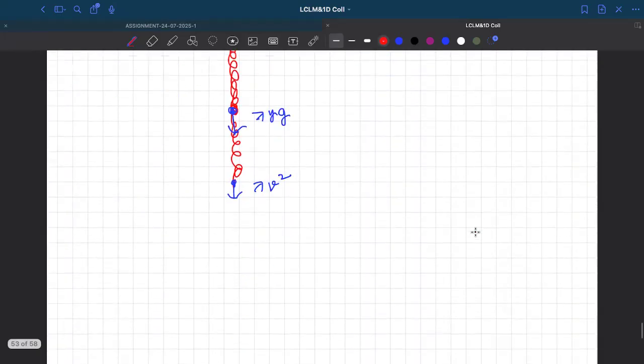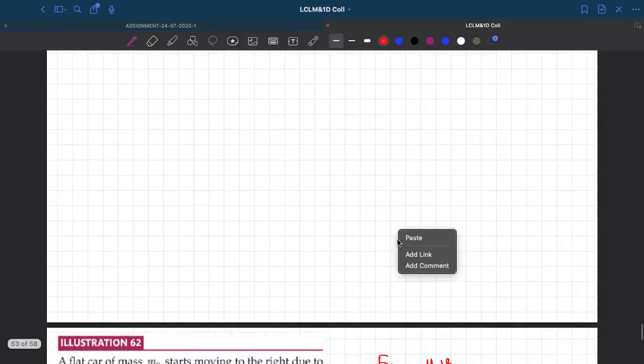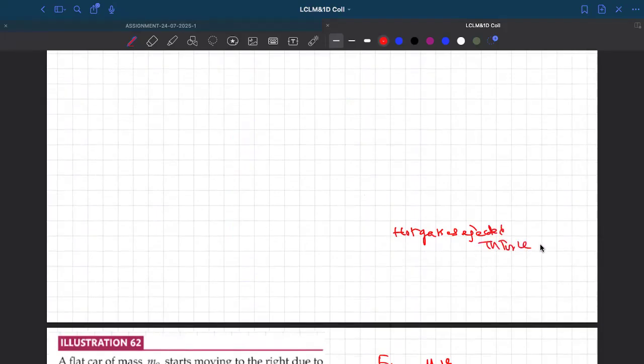Hint: for hot gases, for an ejected system, thrust force is opposite to the V relative direction. For an adding mass system, thrust force is along V relative. I am not cheating you.